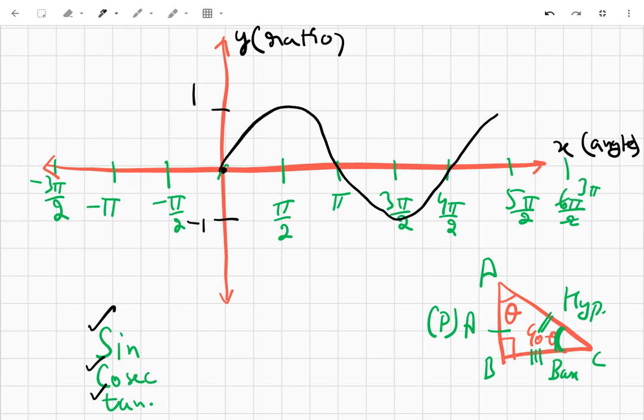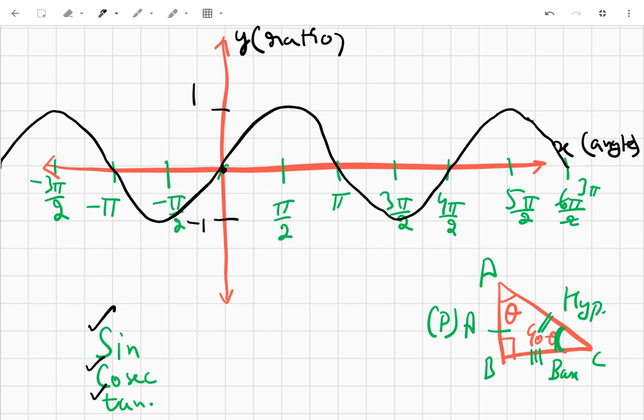So it goes like this, and in this direction again, -1, then +1, like this. So this is the graph of sine function. Remember, angles on the x-axis and ratio on the y-axis.